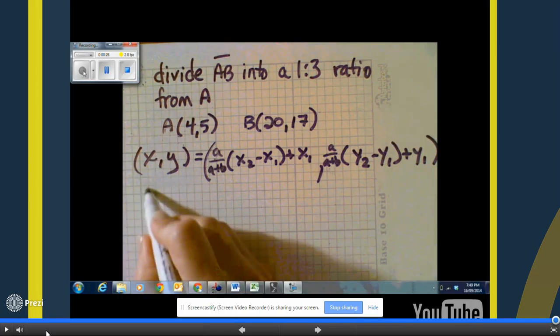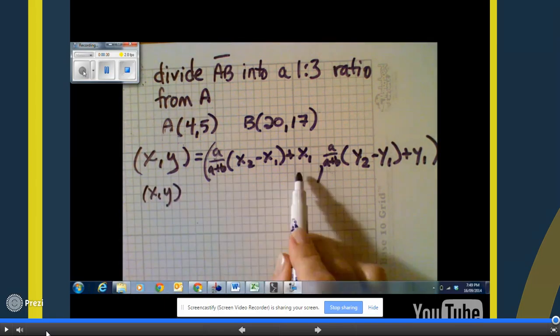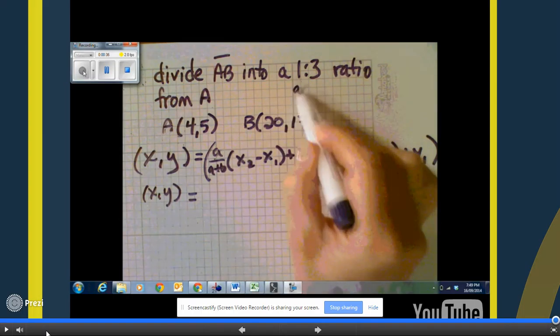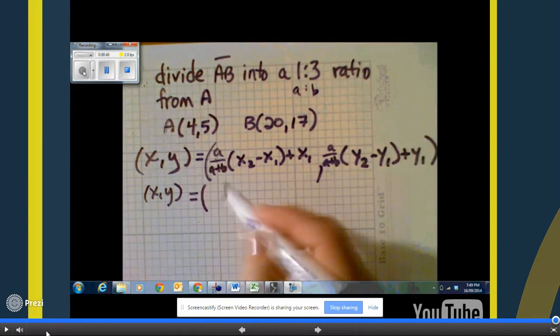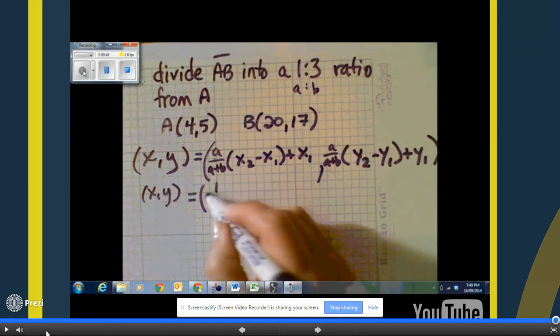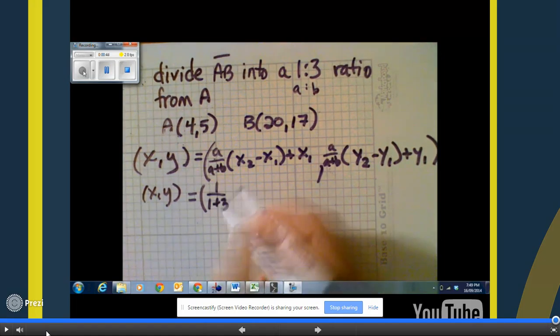So we've got the x coordinate here and the y coordinate here. In this case, a is 1 and b is 3. Let's copy this directly, and we'll get 1 over 1 plus 3.